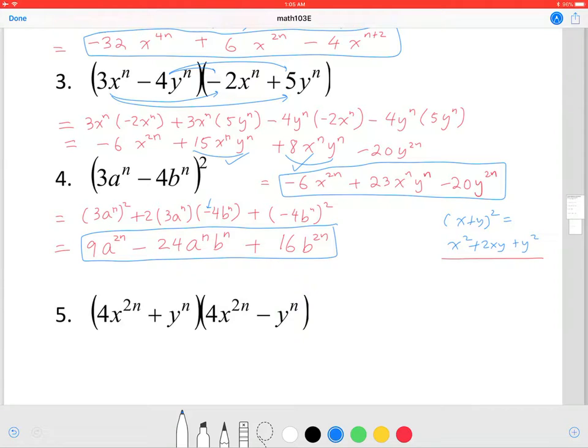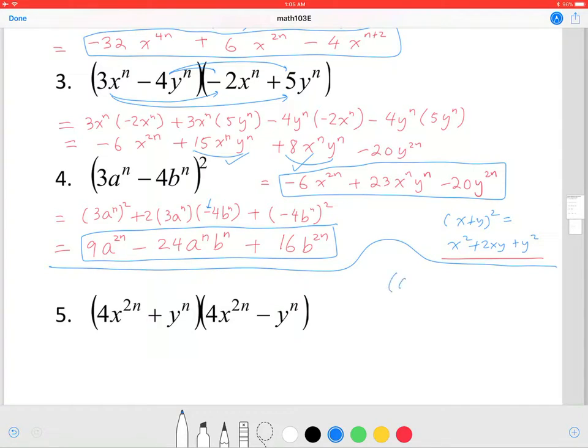Okay, and number 5. Let me just draw a little line. It's getting a little bit messy. Number 5. This is a binomial times a binomial, so you probably are tempted to do the usual FOIL, but this is a special formula.